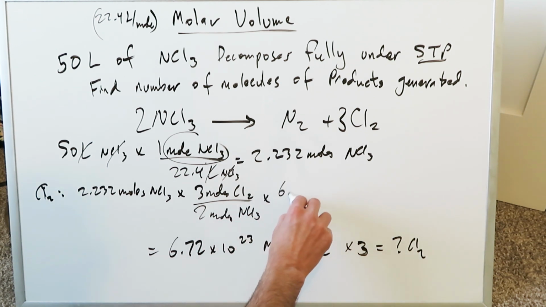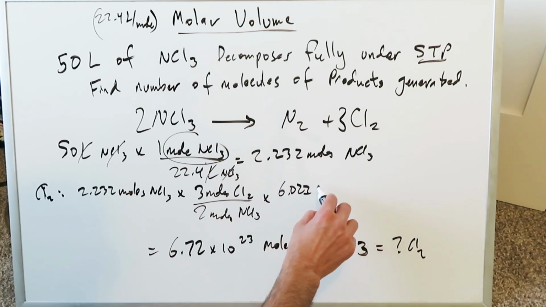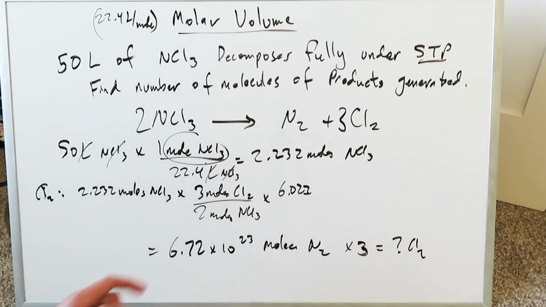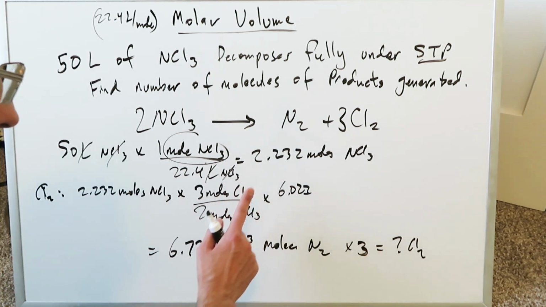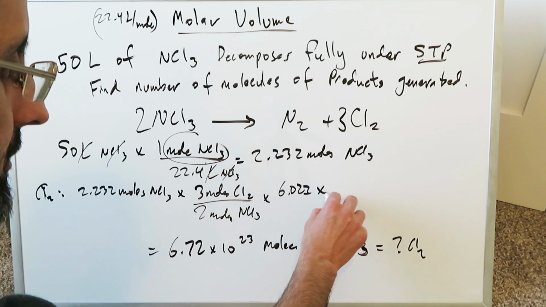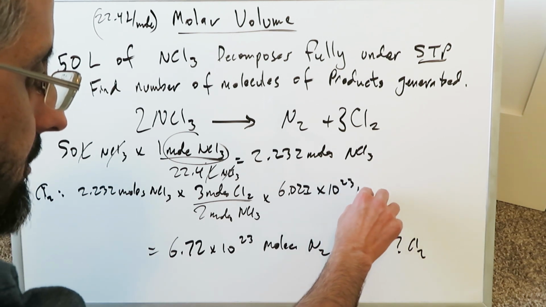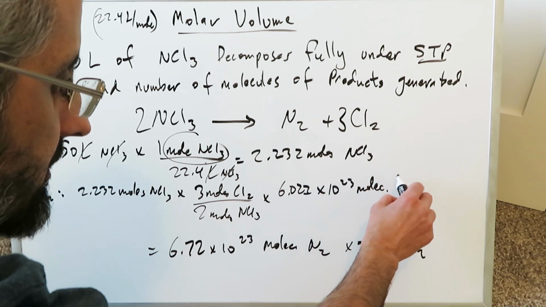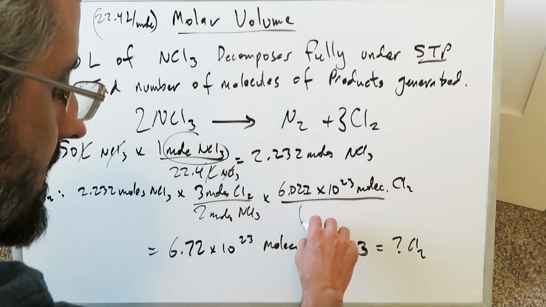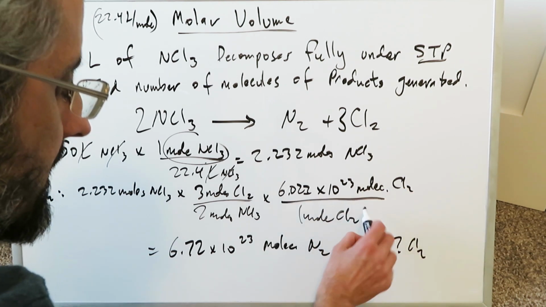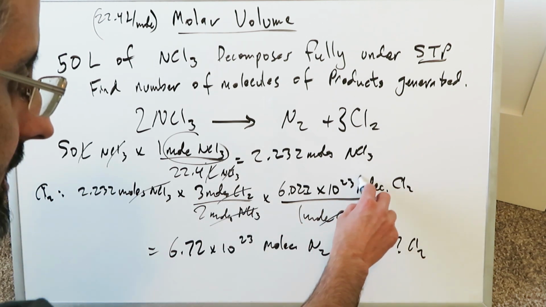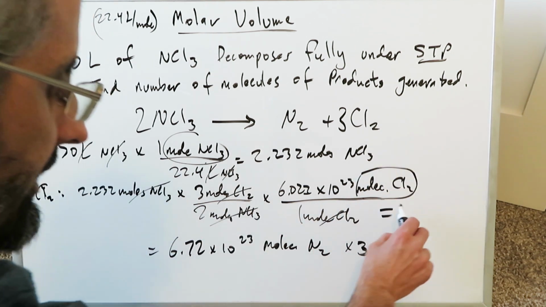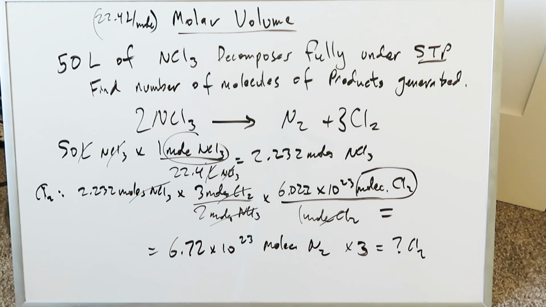Then each mole of this chlorine gas, molecule or atom, it doesn't matter, serves as a single entity with regards to the calculation, just as a single atom of chlorine would. 6.022 times 10 to the 23 molecules of chlorine per 1 mole of diatomic chlorine. That will cancel out, that cancels out. You're left with just this, and we'll calculate it.